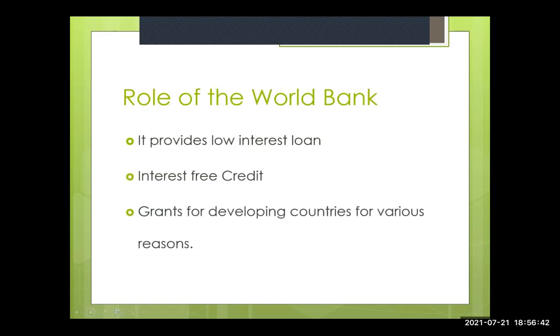Oh, here it is. All right, so the role of the World Bank is to provide low interest loans, interest-free credit, and grants to developing countries for various reasons, right? And they have a longer time to pay back as well. Let me just add that.